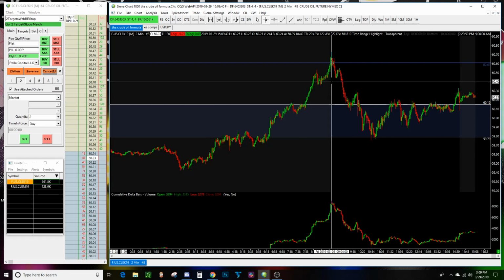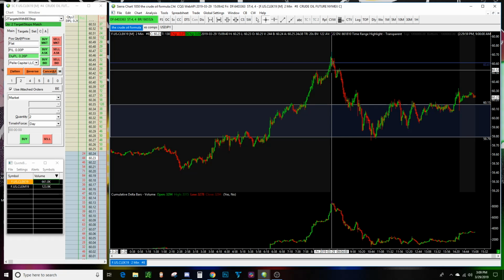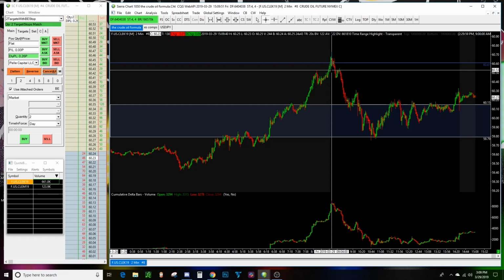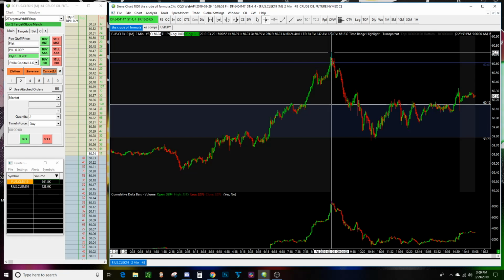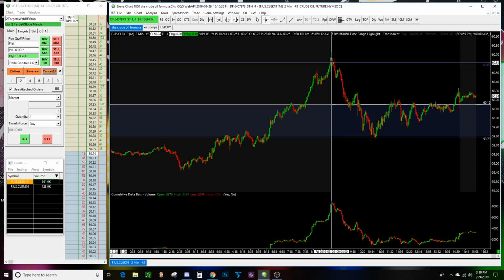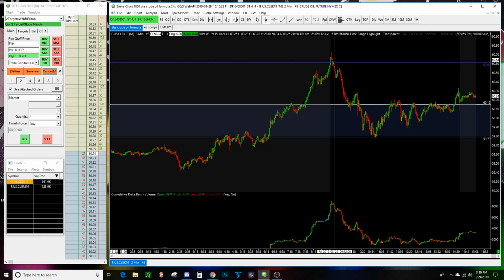It was way above there at the open, so I didn't really want to buy it this high, because price was pretty extended higher. Buyers could be getting pretty exhausted up here. Another thing I was looking for was weak buying past this level, which occurred.